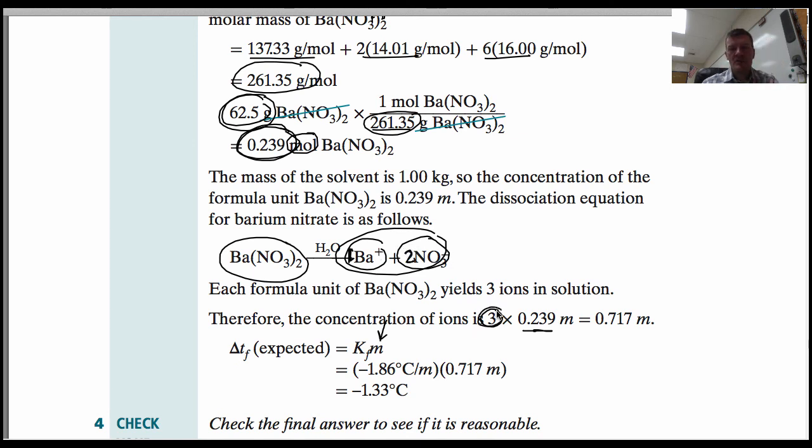That's why we're multiplying by 3 right there. That is the number that's going in for the molality. And then the K value is still a constant, and K times the molality is negative 1.33. So the freezing point went down, that's the change, it went down 1.33 degrees.